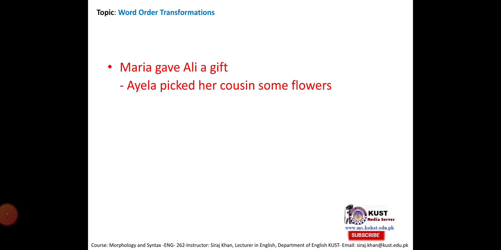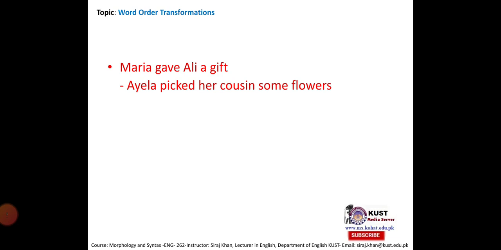There is Maria gave a gift to George, Maria gave Ali a gift. Ayla picked her cousin some flowers, or Carol picked some flowers for her cousin. Now they have the same meaning but different patterns.